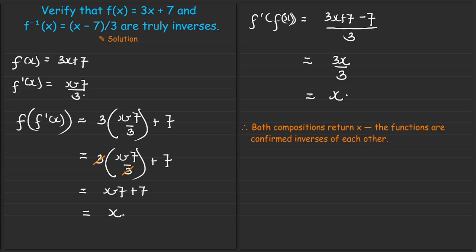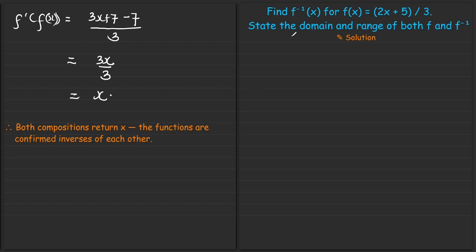Let's look at our third question. Our next question says we should find the inverse of the function f of x equals 2x plus 5 all over 3. We want its inverse. So first of all, we're given f of x to be equal to 2x plus 5 all over 3.